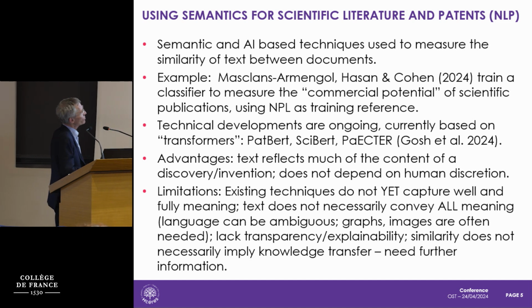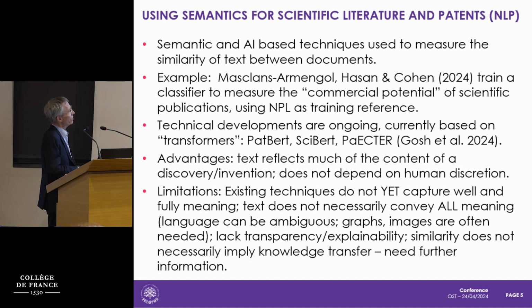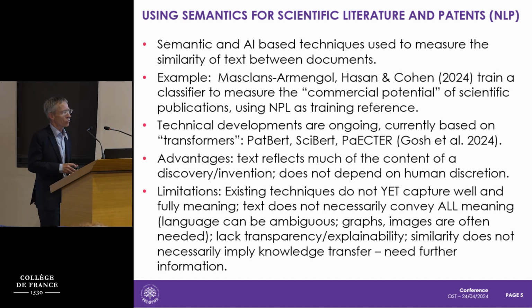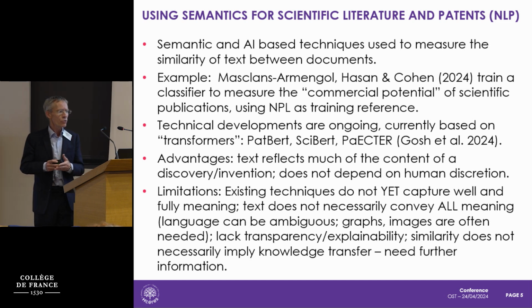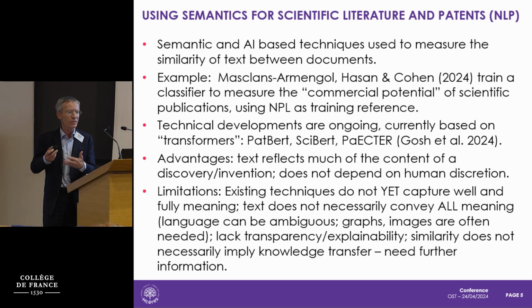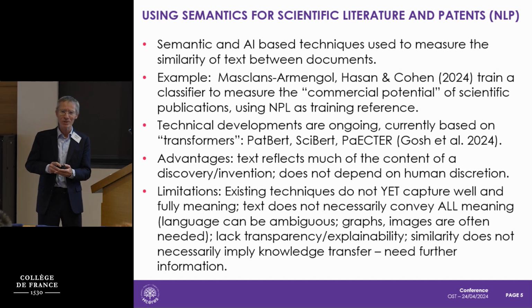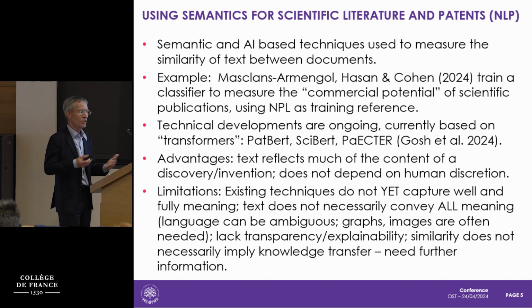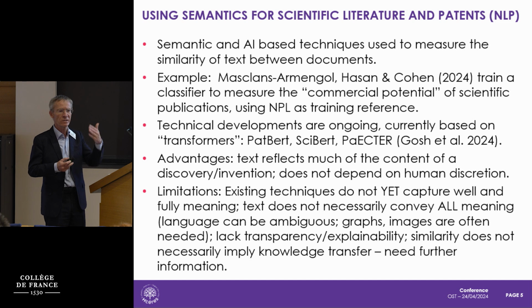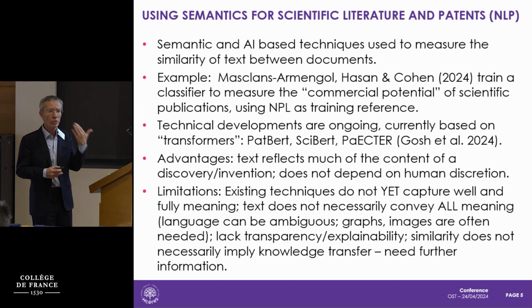So it's really an advantage. A second one is that when you compile things this way, you do not directly depend on human discretion. It's not directly the strategy of the applicant or the examiner and so on. It is in the text, it is in the idea, and the same procedure is applied to all your documents.